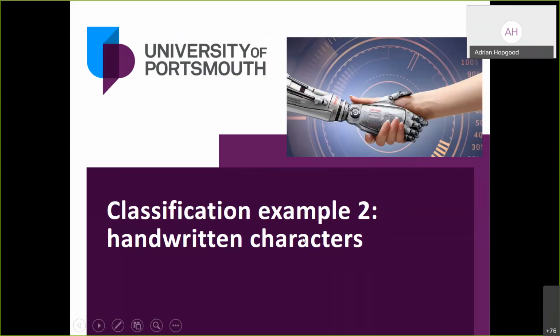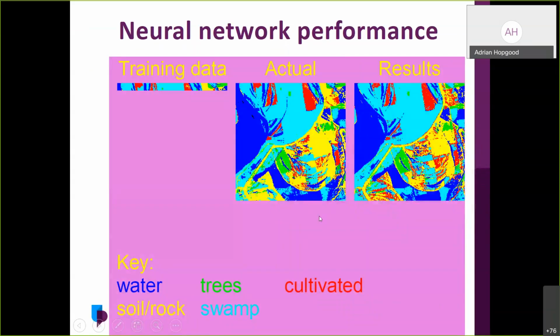Oops, that's gone forward a bit. It's not got it 100% right. If you look here, you might see there's a little bit of water missing. If you look down here, there's rather too much red. There's rather too much cultivated land in its classification. But hopefully you get the gist that you've got something that's mostly right based on a very restricted bit of training data.